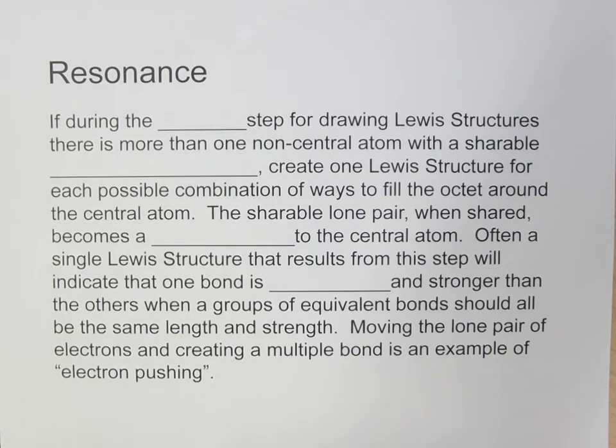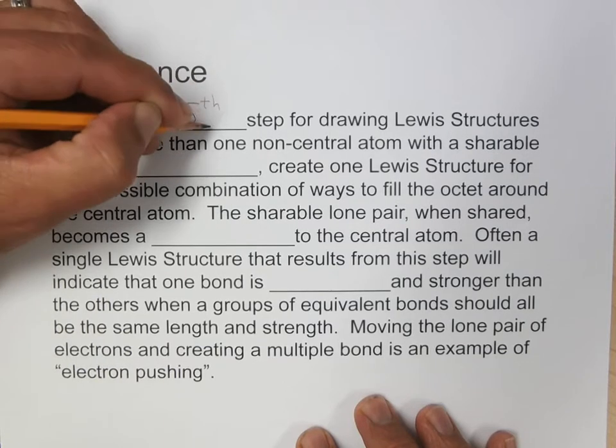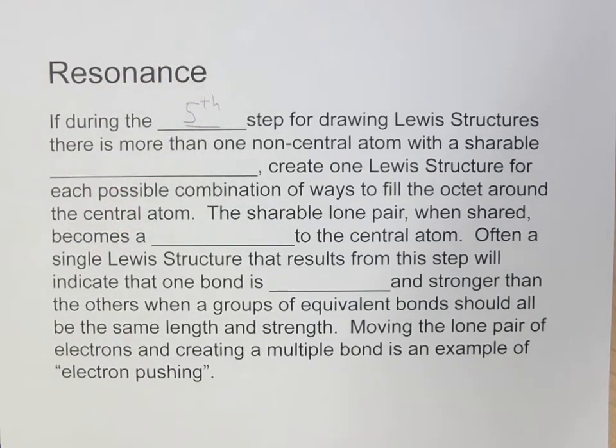And if you know the 5 steps for drawing Lewis structures that I went over in a previous lecture, like the dot structure for nitrite, which shows how we get multiple bonds pretty explicitly, and that happens during the 5th step of our procedure. So we have a 5-step procedure, and during the 5th step, we often have a central atom that does not have a full octet.